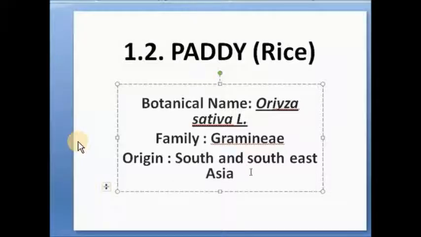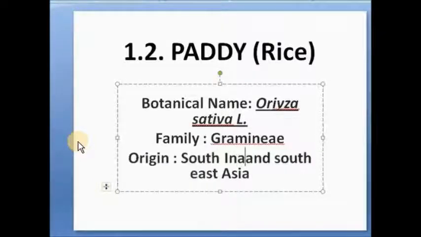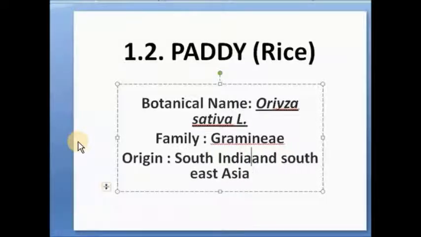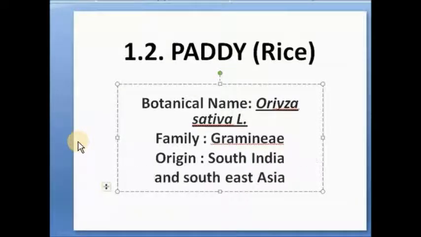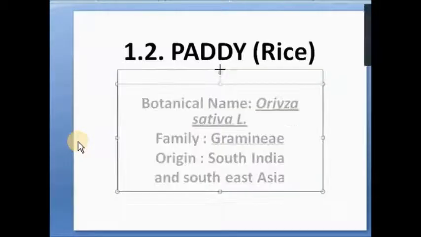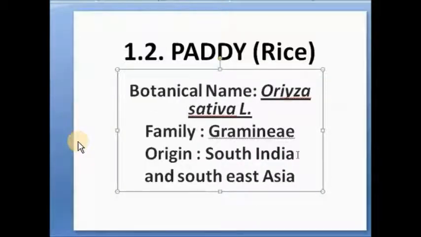How is the origin decided? It is decided on the basis of where the crop was first grown. Though this is grown all over the world, for the first time rice was grown in South India as per the history of rice. So South India and Southeast Asia are considered to be the origins of the rice crop.